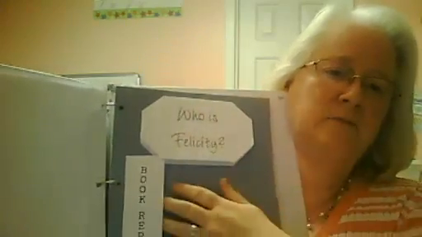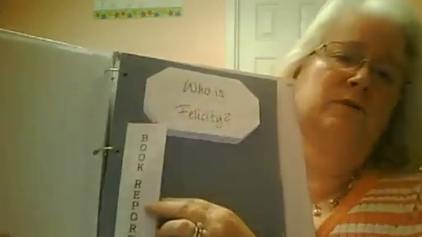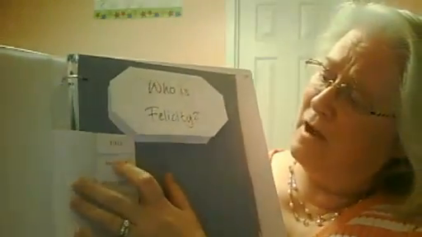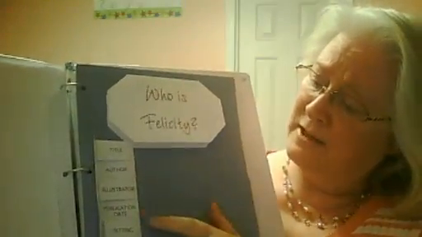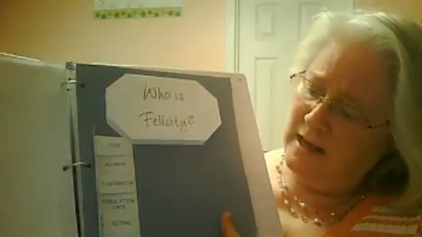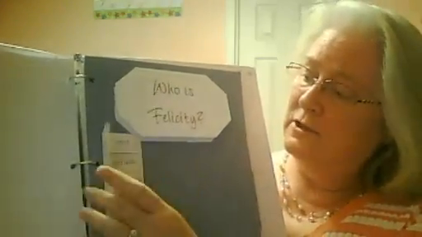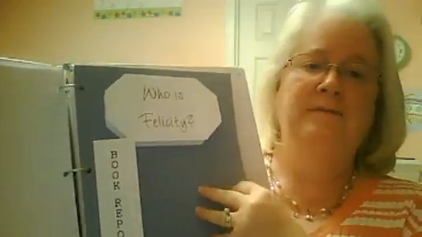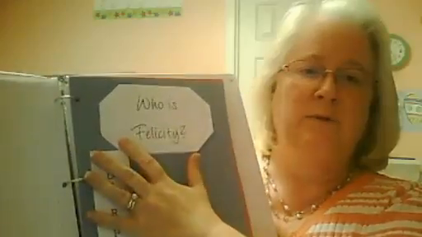Then this one is called the book report, and it has all the different things like title, author, illustrator, publication date, setting, main characters, and what I thought of the book. Instead of doing a lap book, I've just put some construction paper in here, and we're just going to fill this out. This one will be about Felicity.